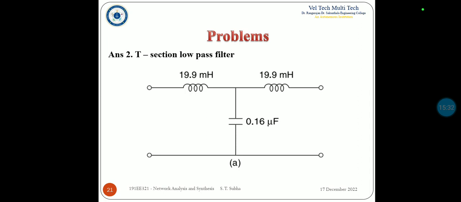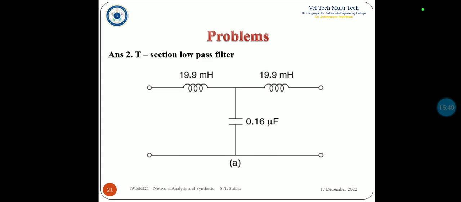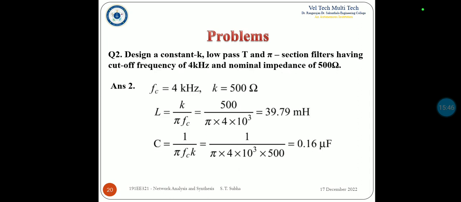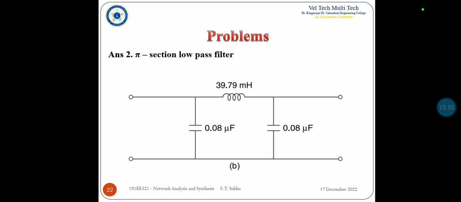For T-section low pass filter, inductance will be in series having the value L by 2. Here, since L is 39.79, from this we can obtain the L by 2 value, that is 19.9 millihenry, and capacitance value remains as such. C is equal to 0.16 microfarad. And figure A shows T-section low pass filter.